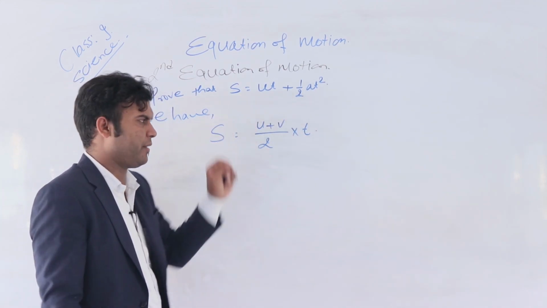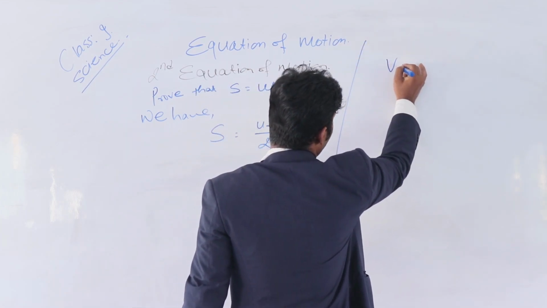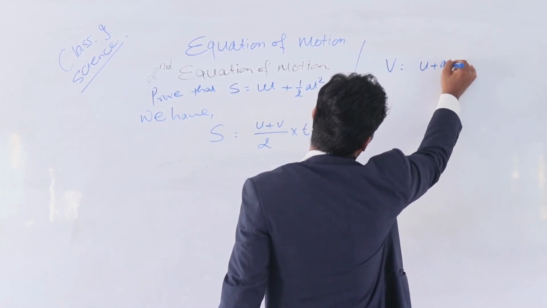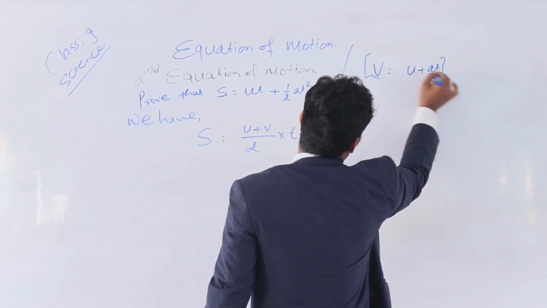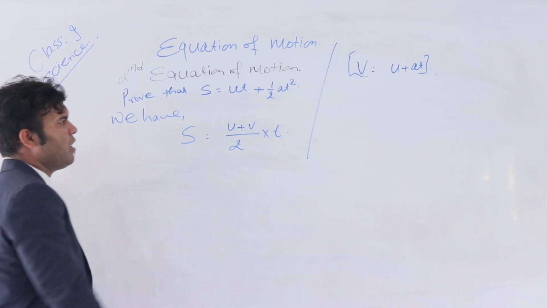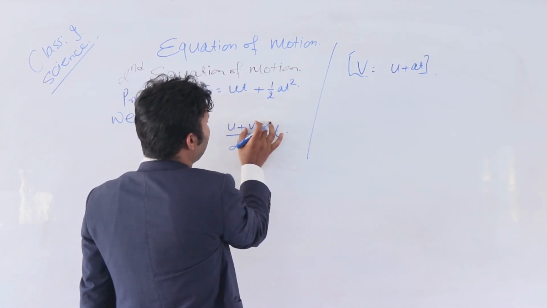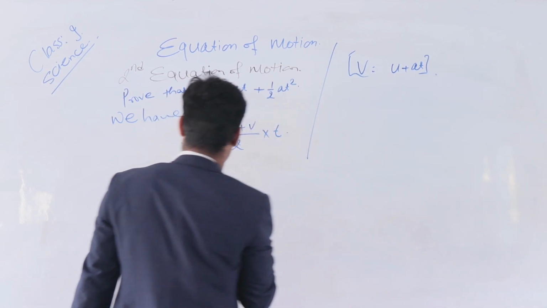Isn't it? Okay. Look here, we know V is equal to U plus AT from the first equation of motion. Put this value here, or replace the value of V by U plus AT.